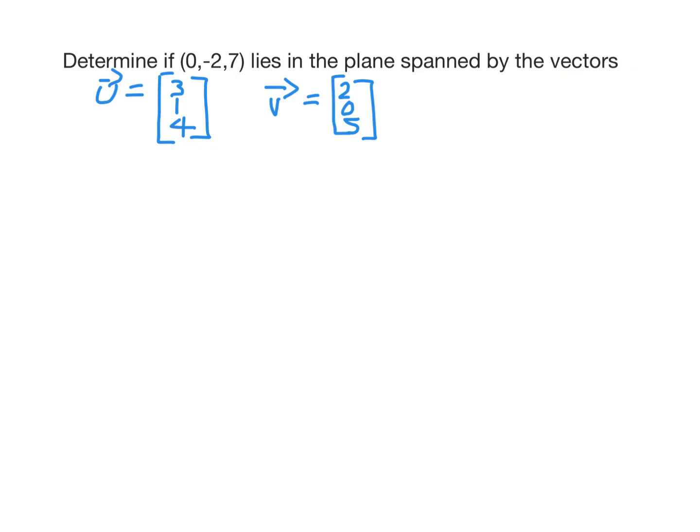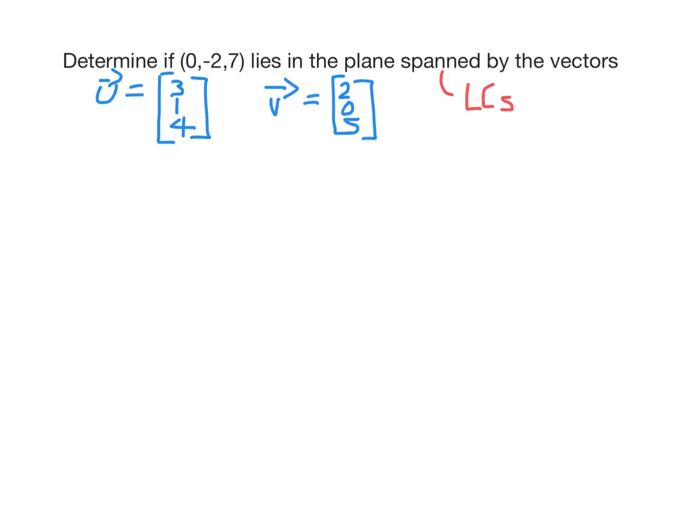So we are going to determine if this point lies in the plane spanned by these 2 vectors. So when we say the plane spanned, we mean the set of all possible linear combinations. So really, what I'm saying when I ask if this lies in the plane generated by these 2 vectors, I'm saying, can the position vector associated with this point be written as a linear combination of these 2 vectors?